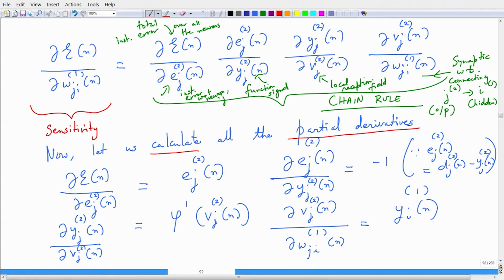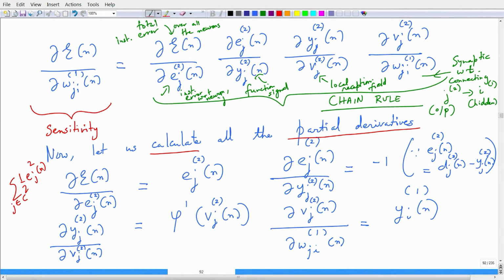Now, we take the partial derivative of the total instantaneous error over all the neurons in the output layer with respect to the instantaneous error in the jth neuron in the output layer, and that is basically Ej of n, because if you take the summation of half Ej square of n over all j belonging to the set of output neurons and take the partial derivative, you are left with Ej of n.